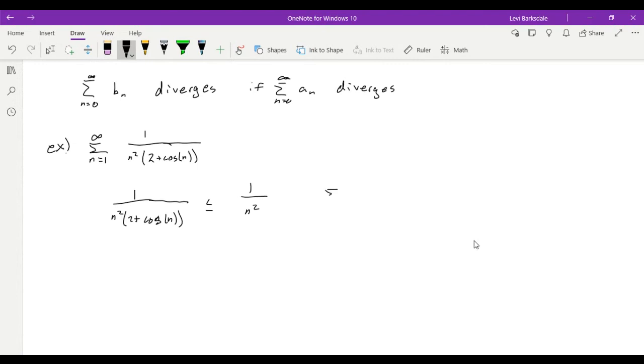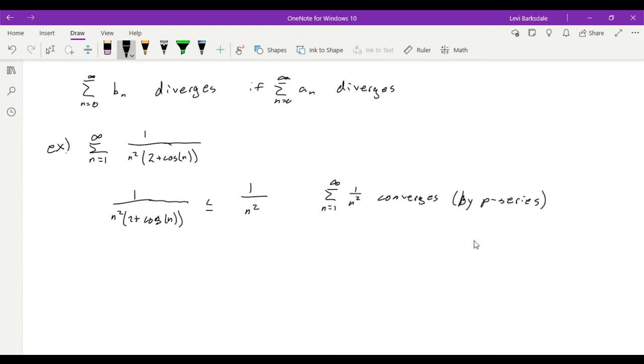Well, by the p-series test, the sum from n is equal to 1 to infinity of 1 over n squared converges. As I said, by p-series, but we'll just write it down.